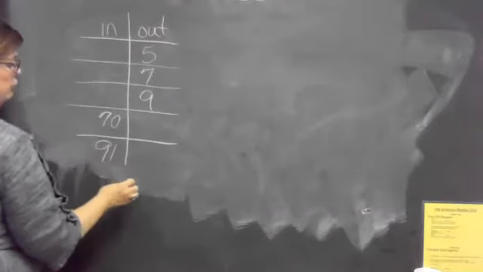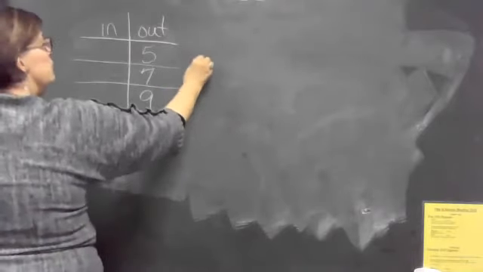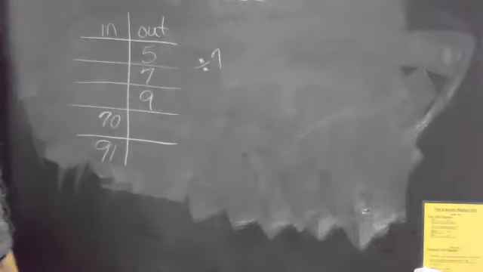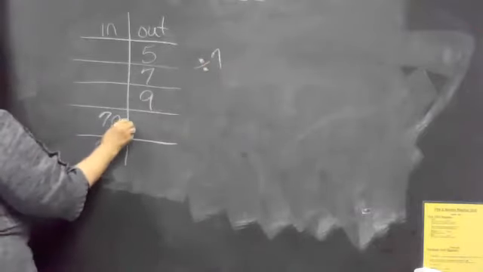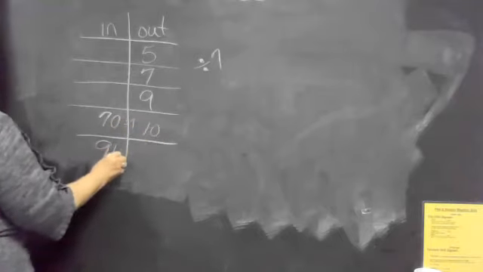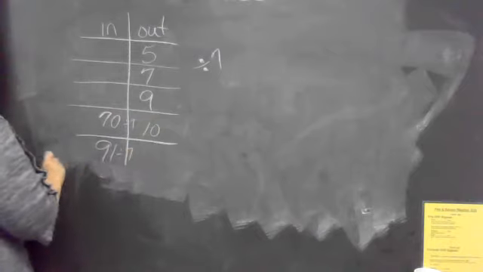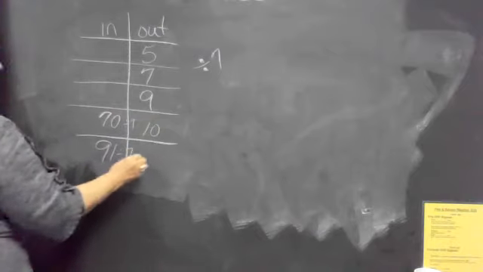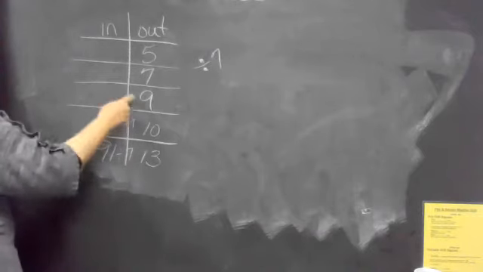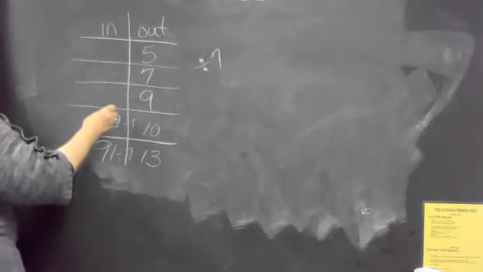Now they did give you the rule. They said the rule is divide by 7. So down here is easy. Divide this by 7, I get 10. Divide this by 7 and I get 13, okay? Which is fine, but how do I go this way? Yeah, multiply them.